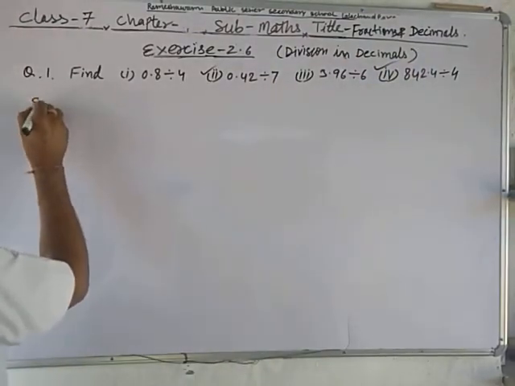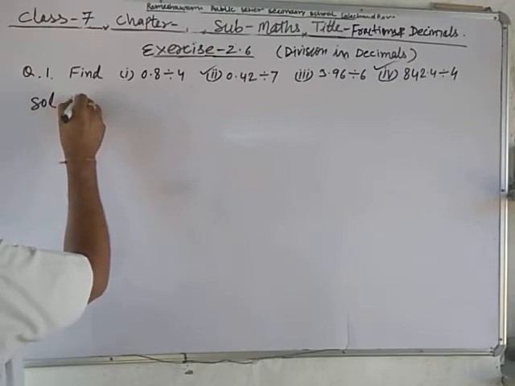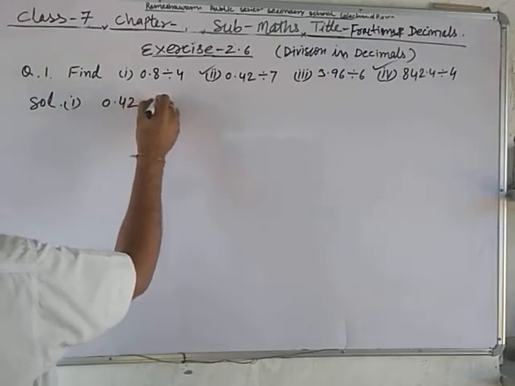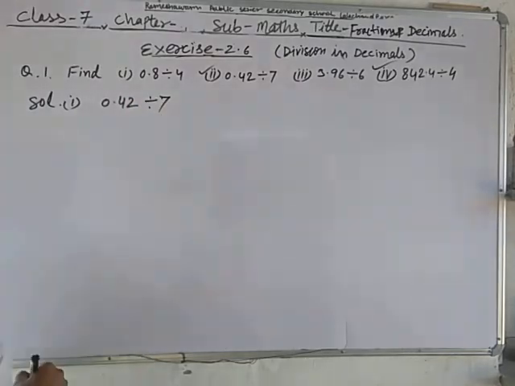Solution, first part: 0.42 divided by 7.